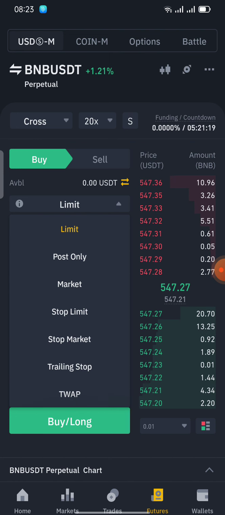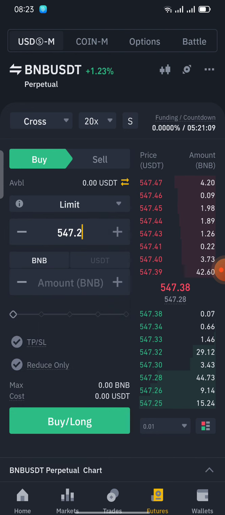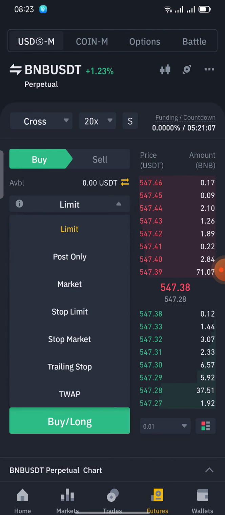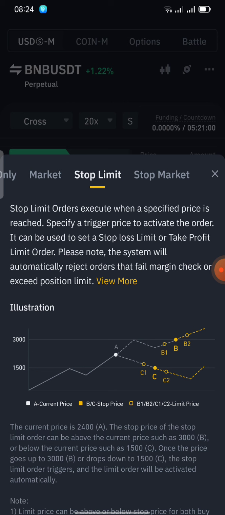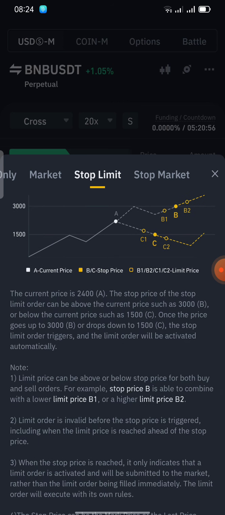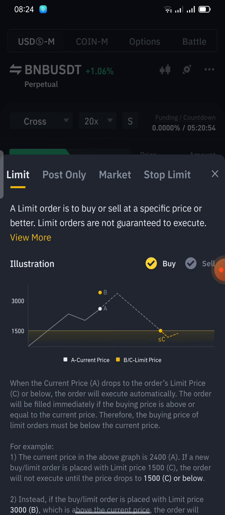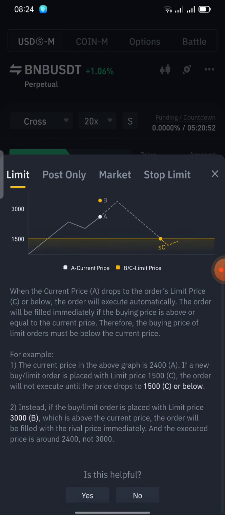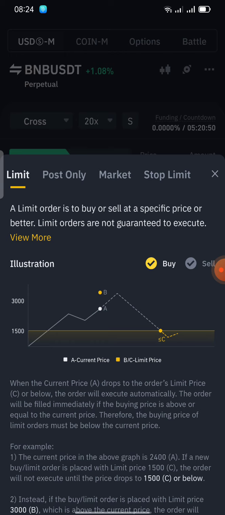Okay, so here, limit means a limited amount at the market price, post only, market, stop limit. So here I think the best is stop limit. Anyway, you can see the explanations here. You can go through this explanation.